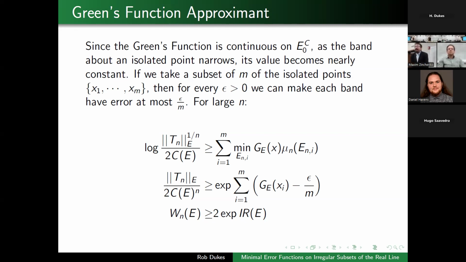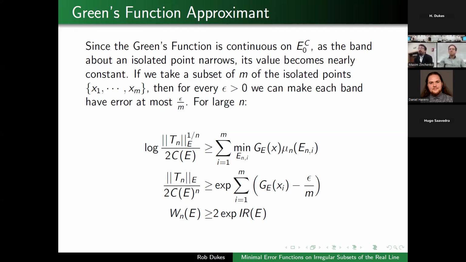And so then we pick some m of them, you can say, well, let's make it error of epsilon over m. Then for large n, and this large n part is why it's only a lim inf and not a full limit, or not for every value of n, I should say.